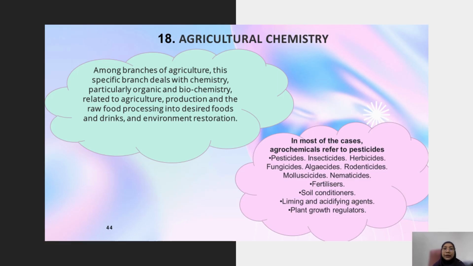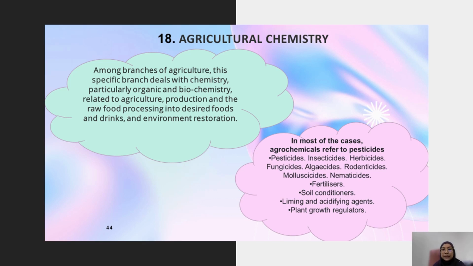For agriculture chemistry, among the branches of agriculture, this specific branch deals with chemistry, particularly organic chemistry and biochemistry related to agriculture production and the role for food processing into desired food and drinks and environmental restorations.